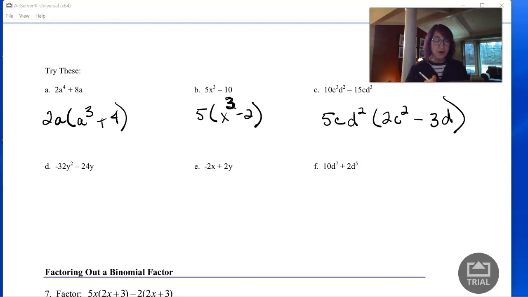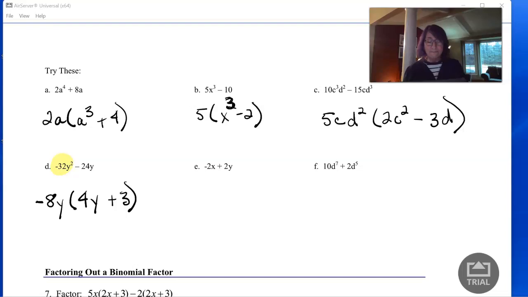For the next one, we have a leading coefficient that is negative, so that means we need to take out a negative. In this case, our 8 is the greatest number that you can divide into 32 and 24. So -8y, and then we are left with a positive 4y plus 3.